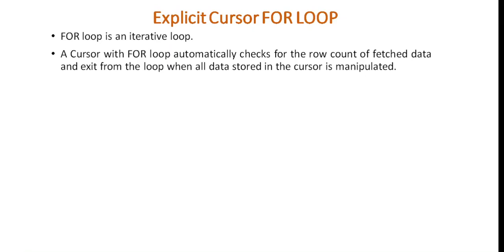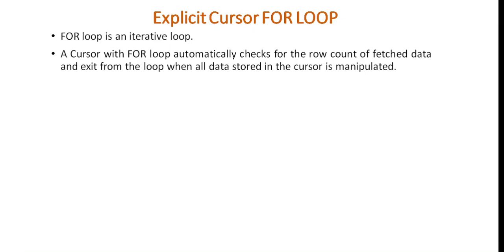But when we use a cursor with a FOR loop, that FOR loop will automatically check the number of rows fetched by the cursor, and then it will iterate the statement a number of times equal to that count.